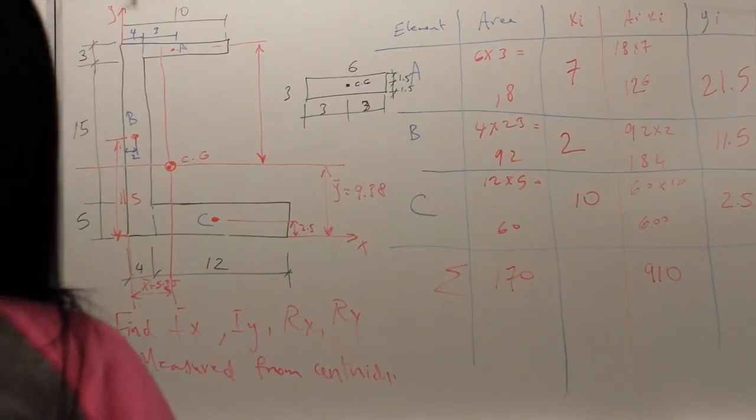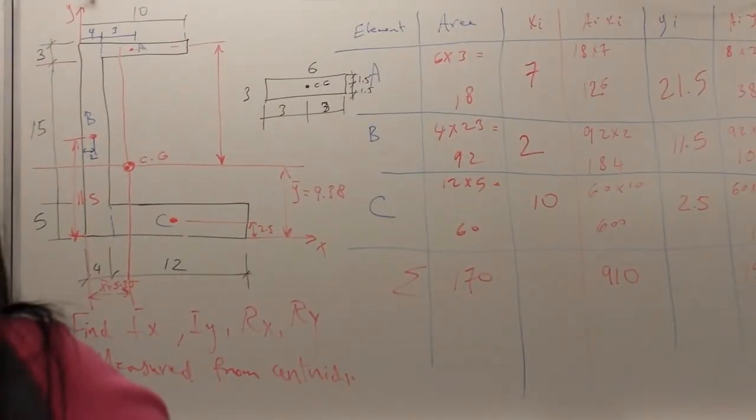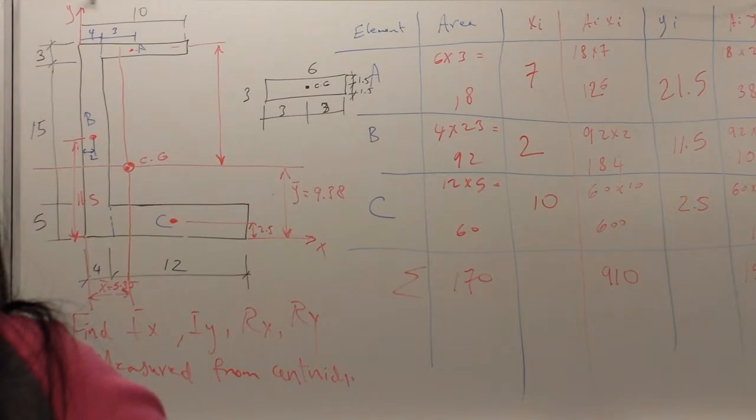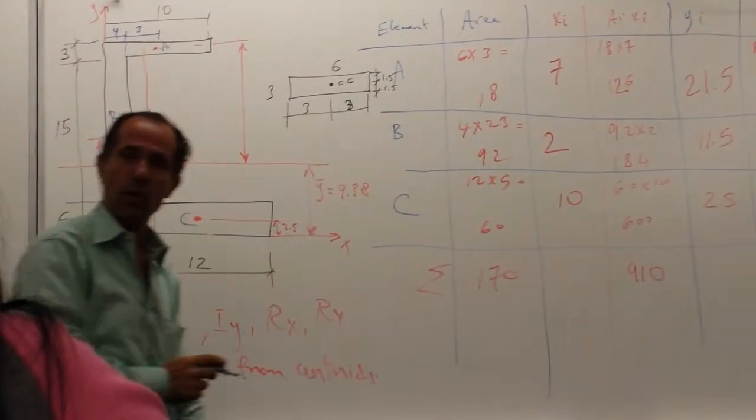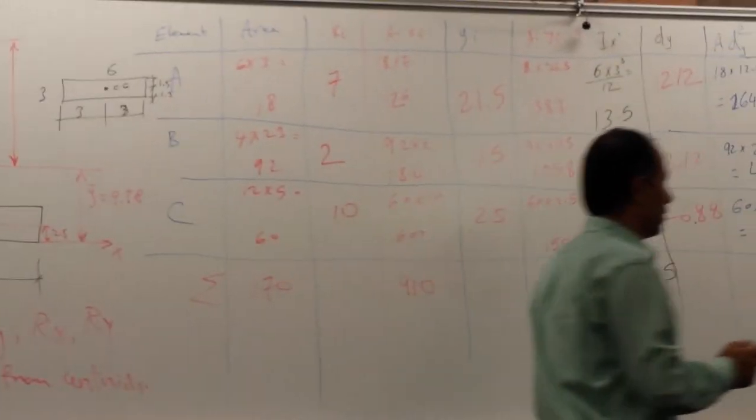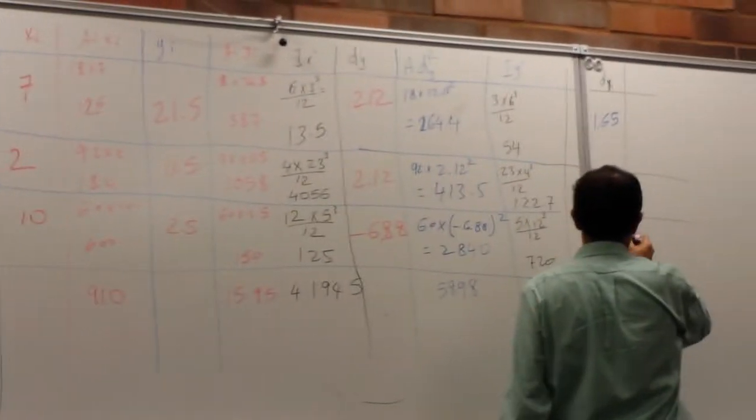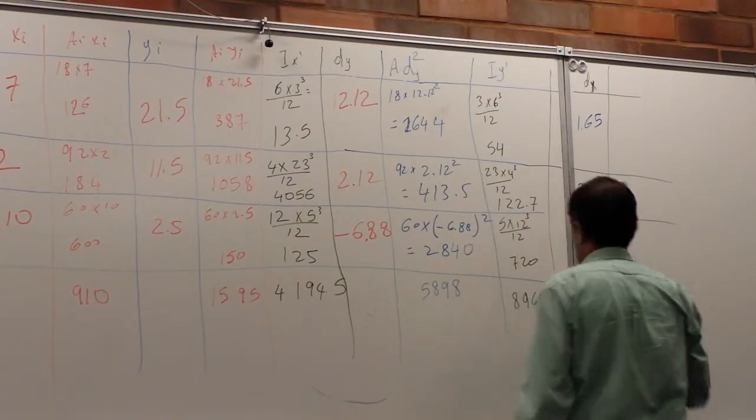Next one, the center of gravity is 6 plus 4 is 10, correct? 10 minus 5.35 is 4.65, correct? 4.65.